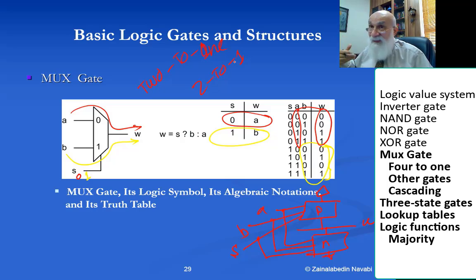And you can make that into a 4-to-1 multiplexer, meaning that you have four inputs, A, B, C, D, and then you have two select lines, S1 and S0, and you will be selecting either one of the inputs. You can build an 8-to-1 multiplexer, and you can just cascade them into larger structures.